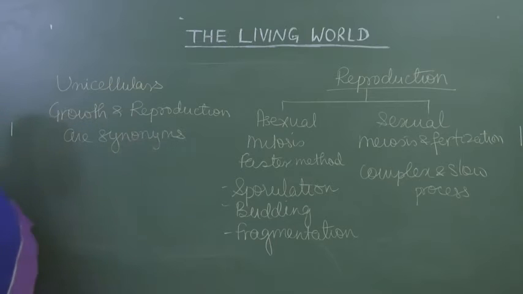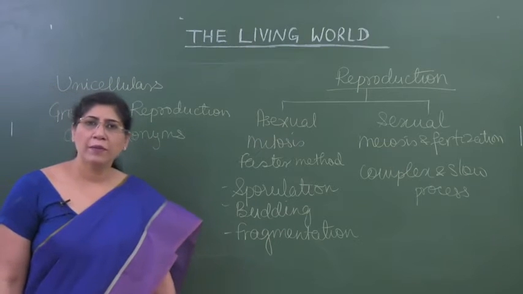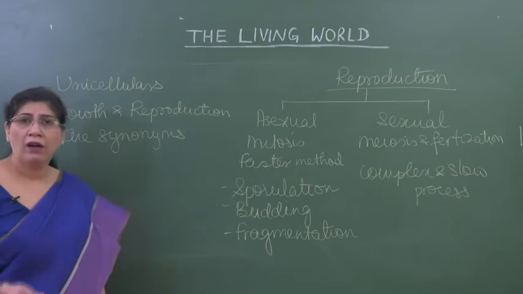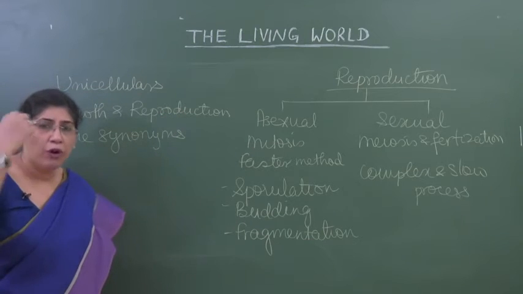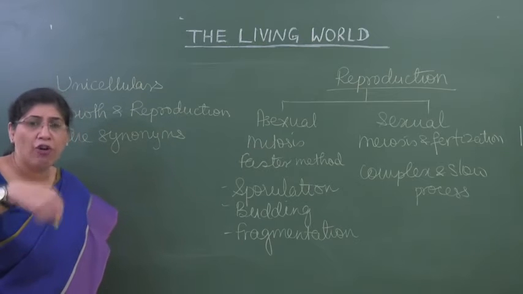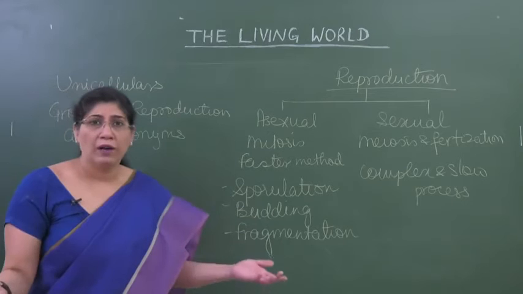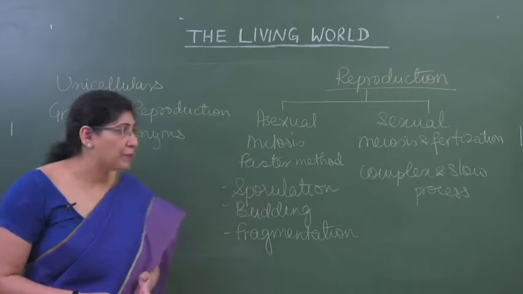They cannot be distinguished, therefore they are same. So can I now consider reproduction as defining? No, because you will not be able to judge whether it is growing or reproducing, because both occur by the same process.